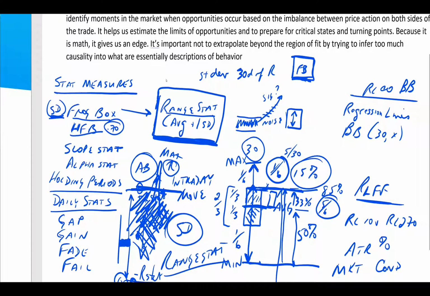We also use statistical tools like regression lines as the best fit line for a set of prices to help us understand the direction and magnitude of moves and to find a mathematically precise fair value on the basis of regression lines.